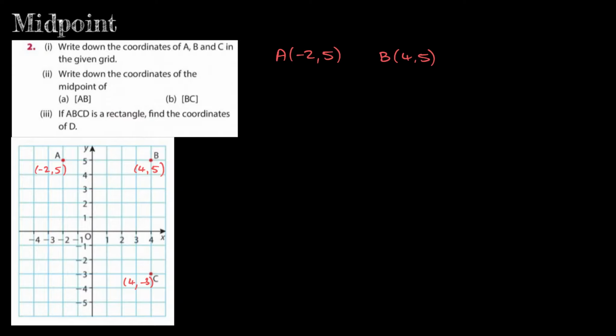We've got x1, y1 because they're both in the first coordinate, and x2, y2 because they're both in the second coordinate. The next thing I need to do is use the formula. So x1 plus x2 all divided by 2, comma, y1 plus y2 all divided by 2.